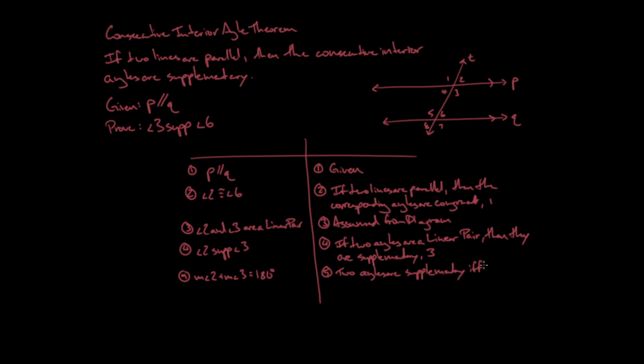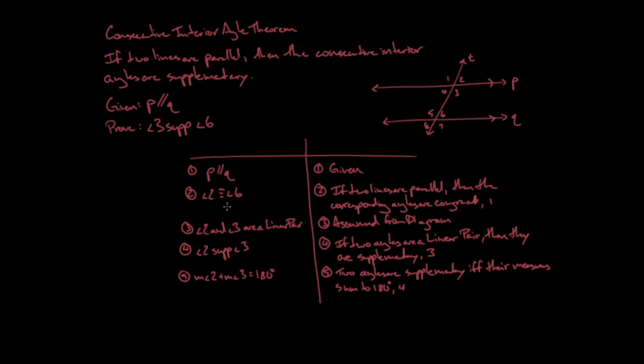This is an if and only if statement, so it goes either direction. I'm saying that their measures sum to 180 degrees. So where do they say that they're supplementary? I set it up here in 4.